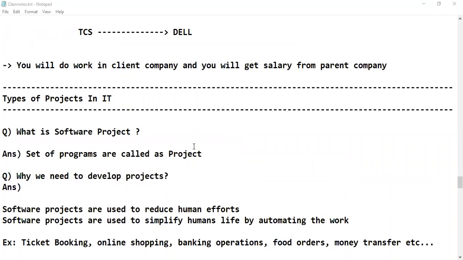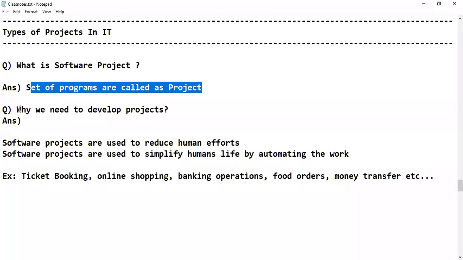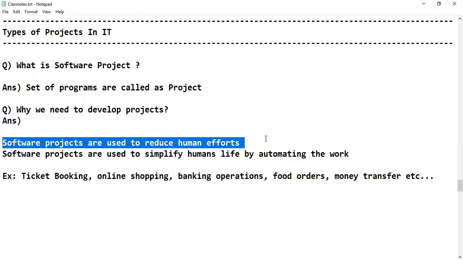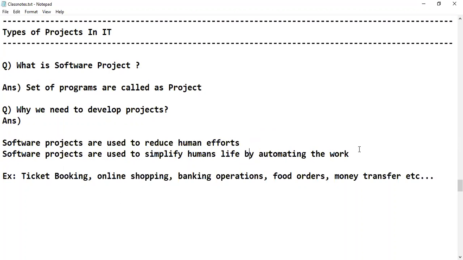Yeah, right. So what is a software project, guys? Set of programs are called as one project. Why we need to develop the projects? Software projects are used to reduce human efforts. Software projects are used to simplify humans' life by automating the work. Ticket booking, online shopping, banking operations, food orders, money transfers, all these things we are going to provide.